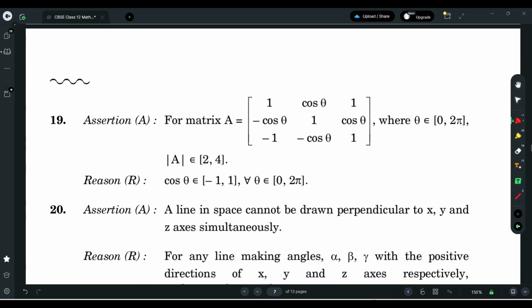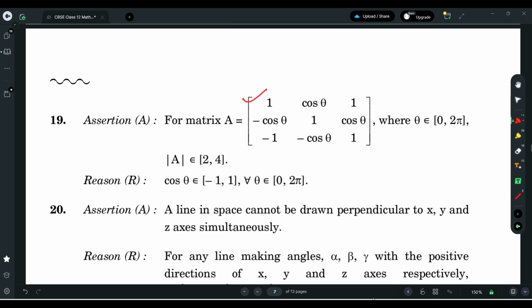For a matrix A equal to this, where theta belongs to 0 to 2 pi, assertion: det A belongs to 2 to 4. Reason: cos theta belongs to this, for all theta belonging to this. Okay, let us first compute the determinant of this matrix.